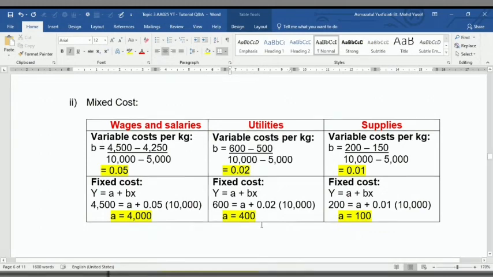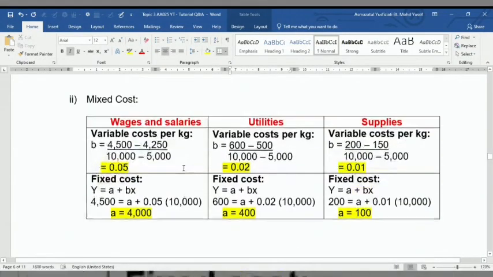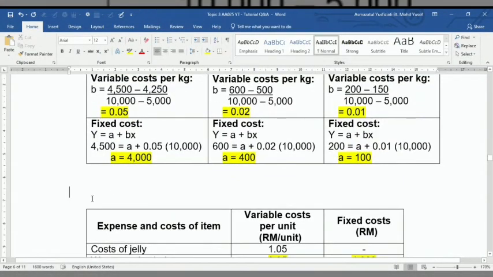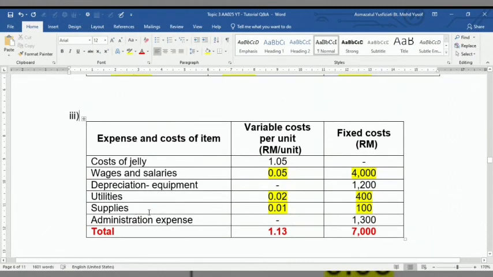Okay, now we can answer question number 3. This is the answer for number 3 Roman. In 3 Roman, they ask about the total cost for variable cost and the fixed cost.